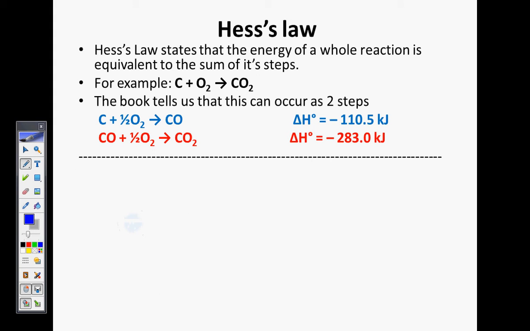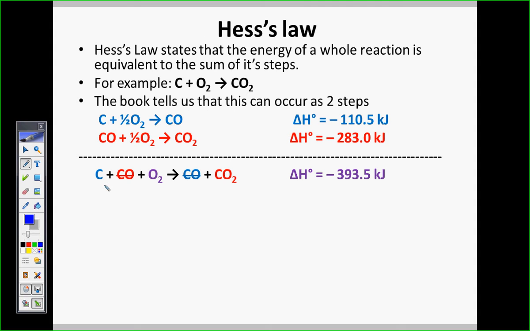This is like the summary really. If I add these 2 things algebraically, carbon and oxygen, and carbon monoxide and another half an oxygen, I get carbon, carbon monoxide, carbon monoxide, and oxygen all on the left-hand side of the arrow.